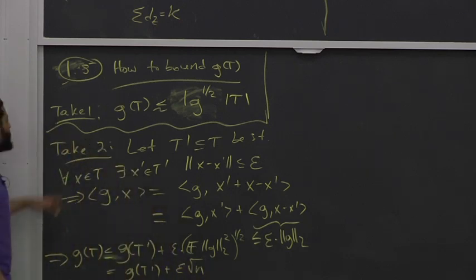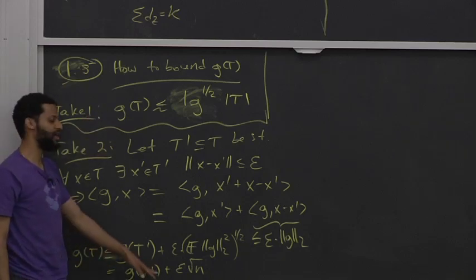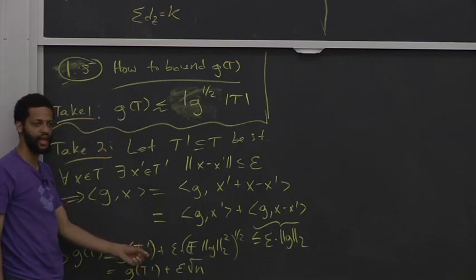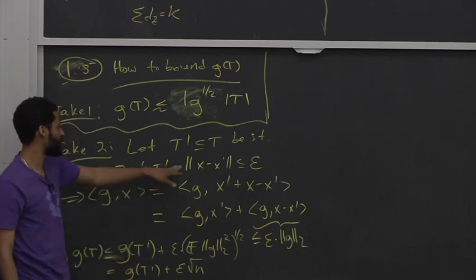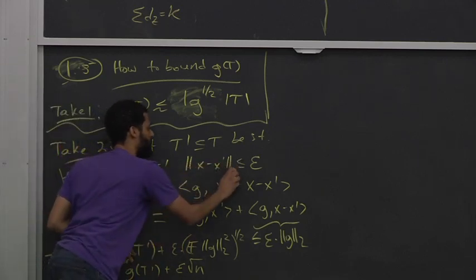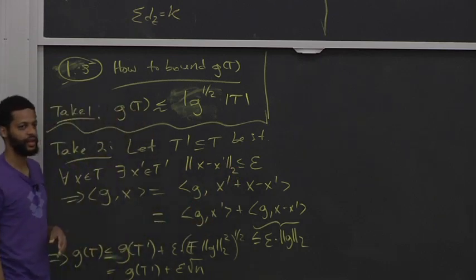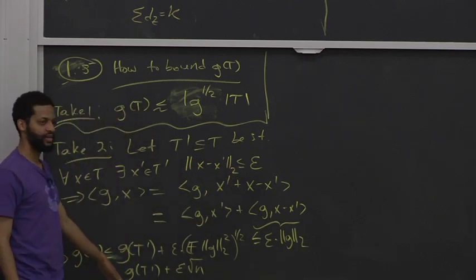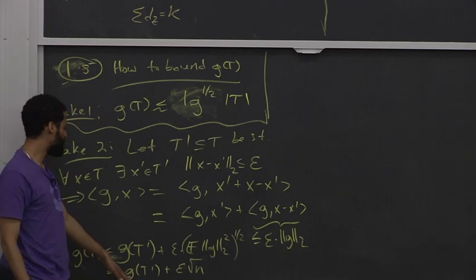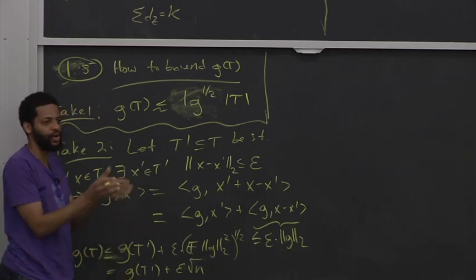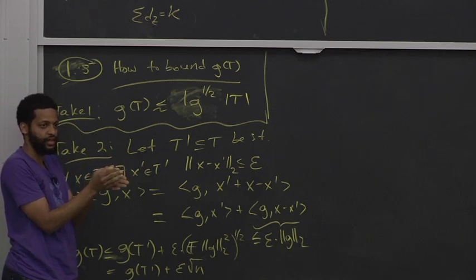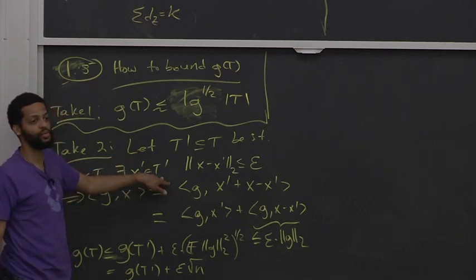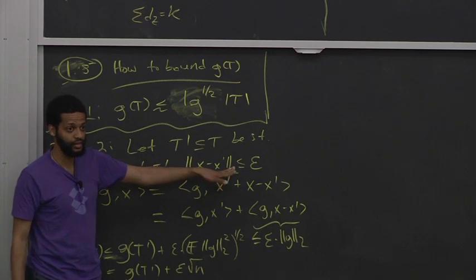So another way to get a bound on g of t is to take a very fine epsilon net of t, call that t prime. By a net, I mean a set of vectors such that everyone is close to it. Why is this good? Because if the vectors in T are very well clustered, they're n-dimensional vectors but maybe really near each other, then there's a small t prime that covers everyone.